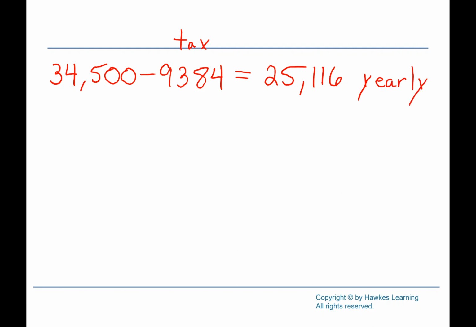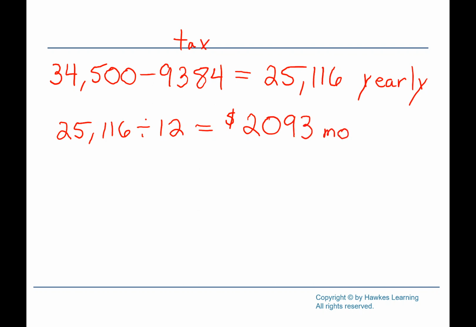Okay. And then we can divide that by 12. So let's see. That gives us $2,093 monthly. And that is net income. After all taxes.